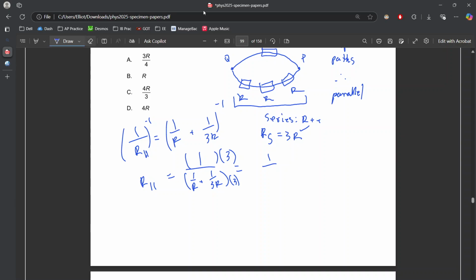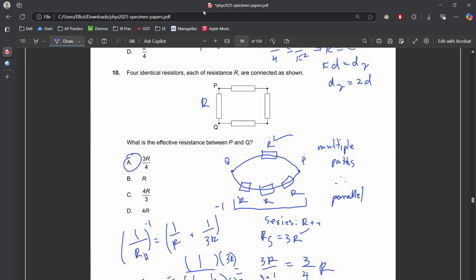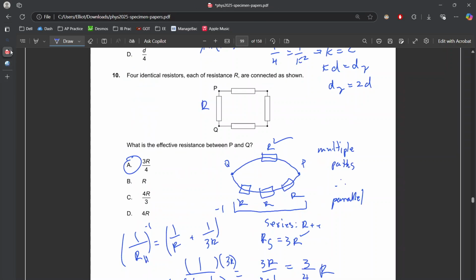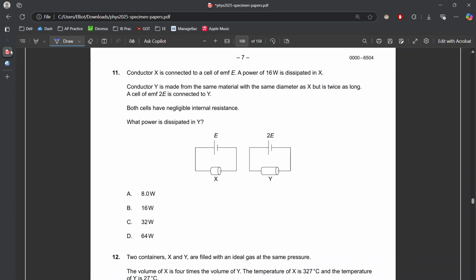Or let's do 3R. So this is going to be 3R over, the R here is going to cancel, it's going to give you 3, and then this is just plus 1. So this is actually going to be 3/4 R, which is answer choice A. So this question was A. Boom, there you go. Okay.